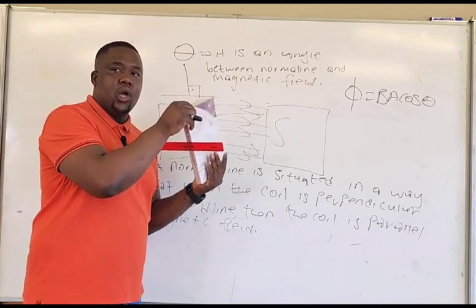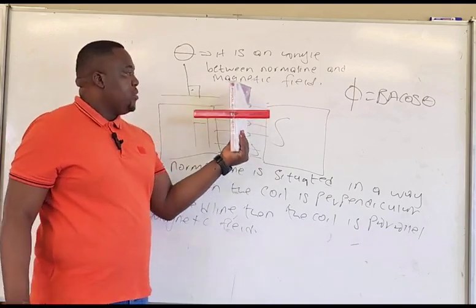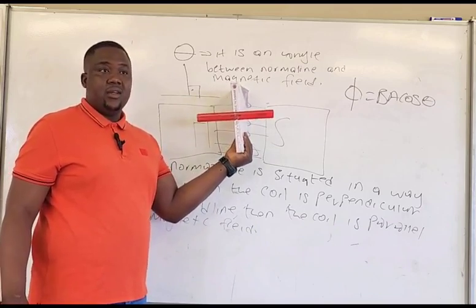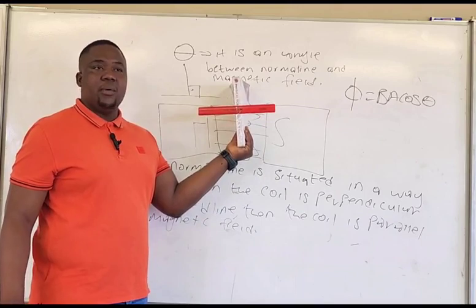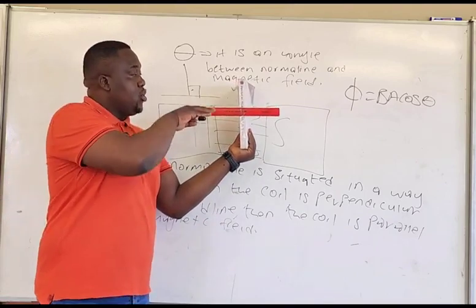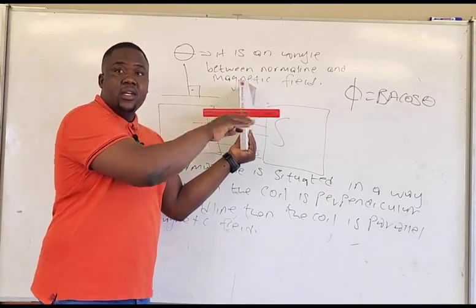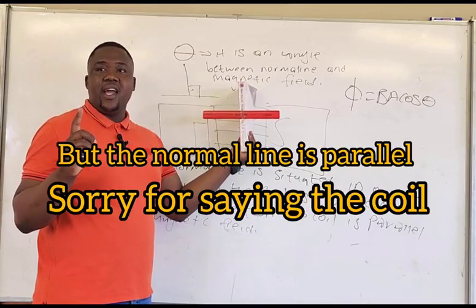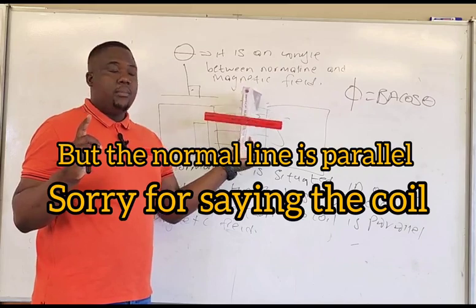Look at the coil, which is a book. It is perpendicular to the magnetic field lines, the lines which are created by the two magnets. You can see at the back. But the coil is parallel to the magnetic field line this time around, because of how it is positioned.